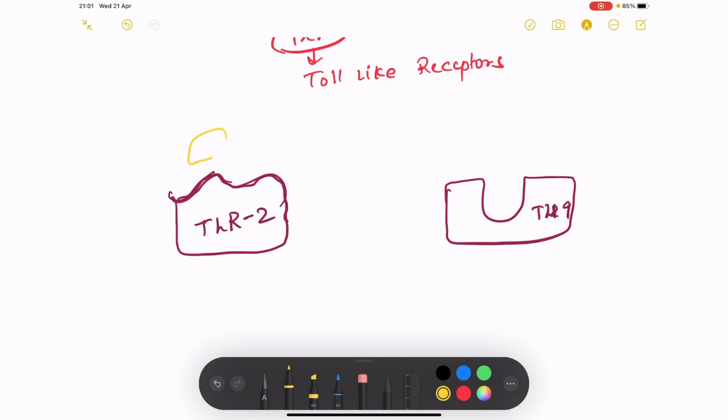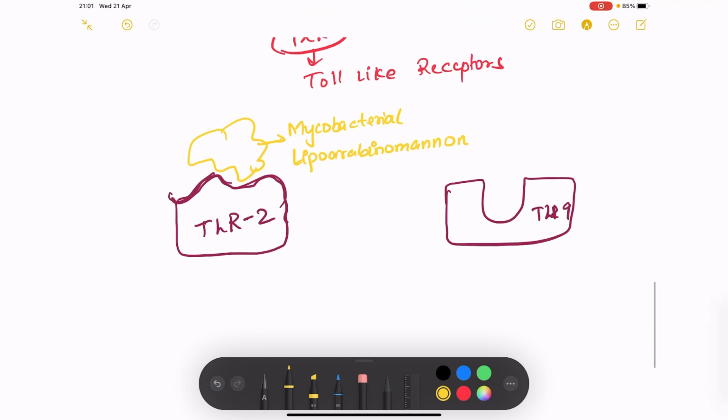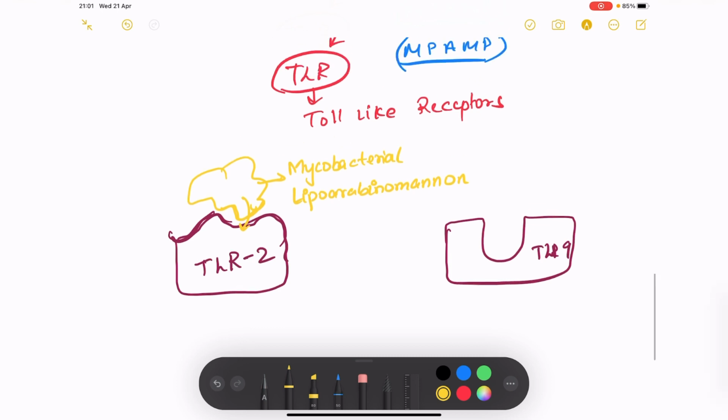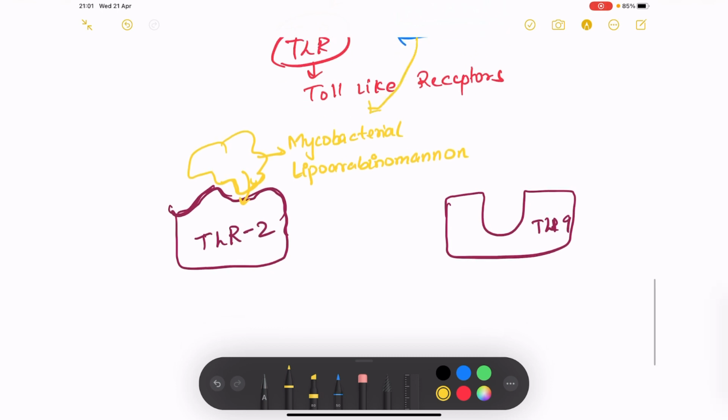There's something called, it's a very tricky name. Of course, you'll remember it. It's called Mycobacterial lipoarabinomannan. It binds with TLR2. This is one of these MPAMs. Okay, cool, right?